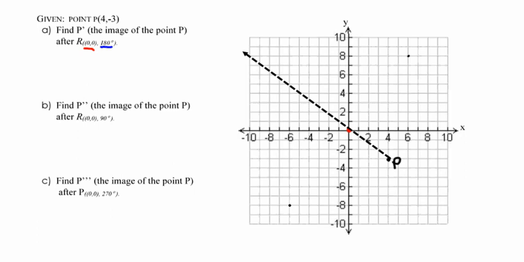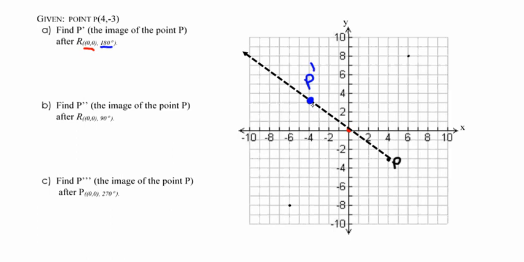And I know that the image is going to have to be an equal distance from the center as point P is. So, because I'm on the coordinate grid, I'm going to literally count. In order to get from the center to point P, I count over 4, down 3. Point P prime is going to be up 3 and over 4.